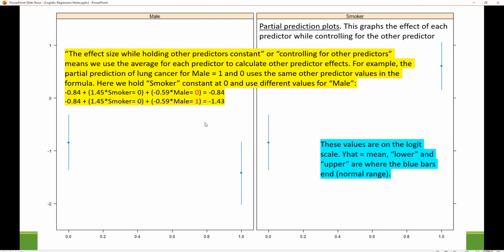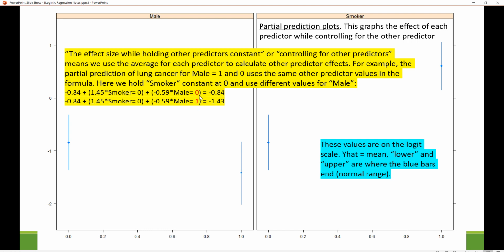If there are more levels to male, or if we used a variable that had a high, medium, or low, the first half of values would remain constant, and we would just modify that male equals value. And we would do the opposite for smoker. In that case, male would equal a constant value, either 0 or 1.